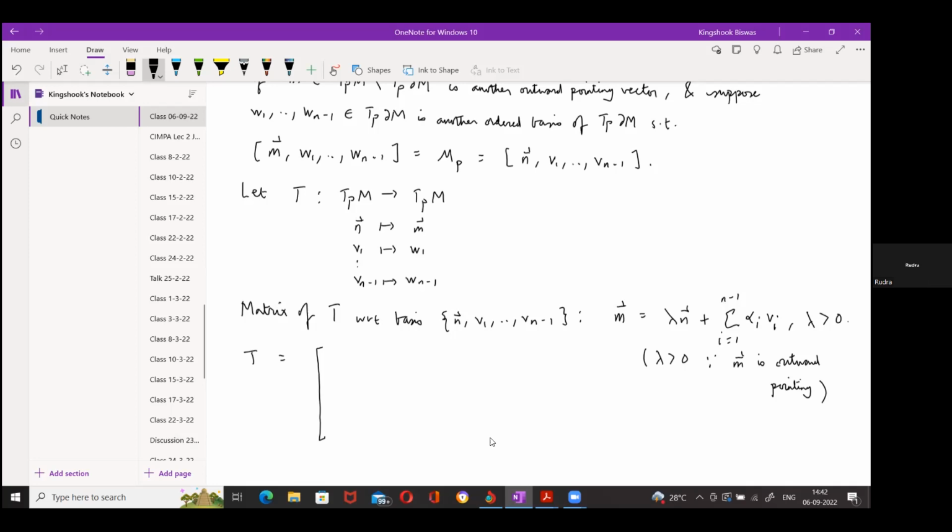Lambda is positive because n and m are both outward pointing. Is this clear?